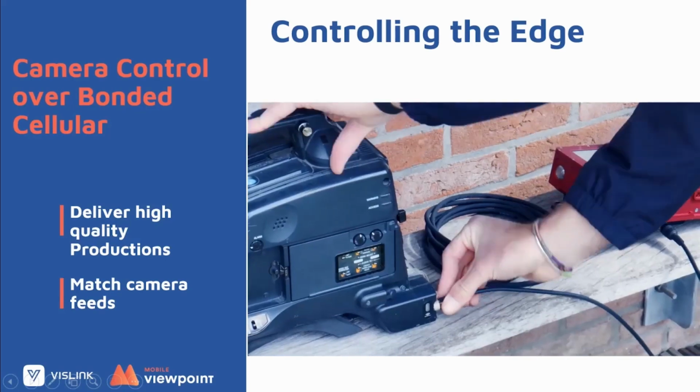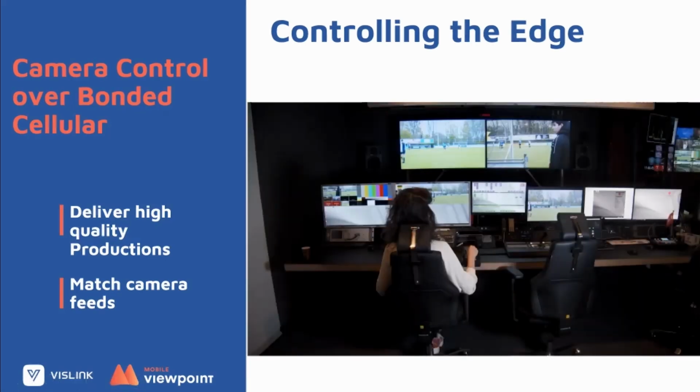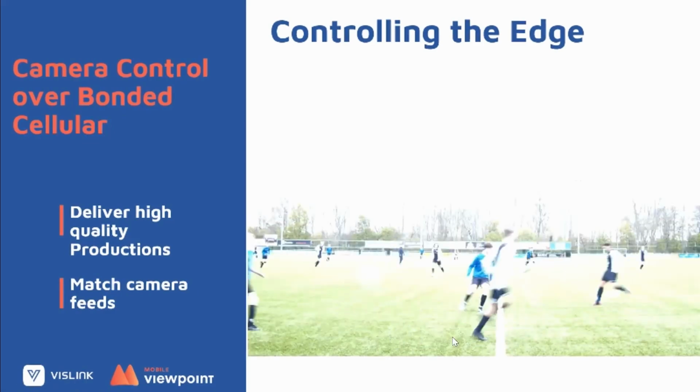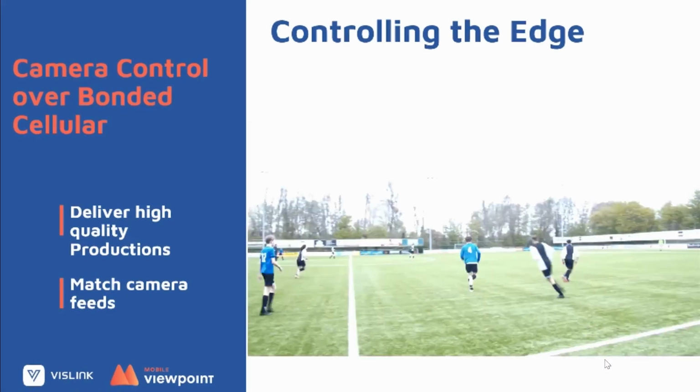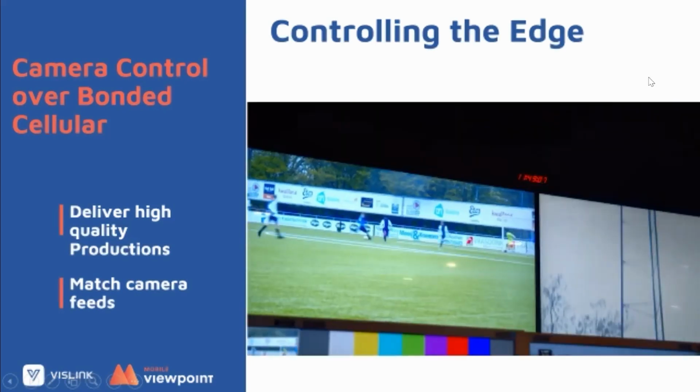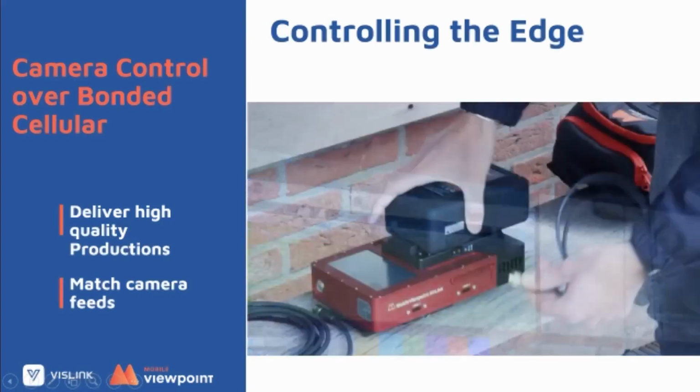You can see that we have an eRosa connector on our mobile encoder and also on the camera. Thanks to the special cable, we can make a connection between the camera and the mobile encoder. On the studio side, you can connect your RCP panel to the playout, and you are basically able to remotely control your camera from anywhere.